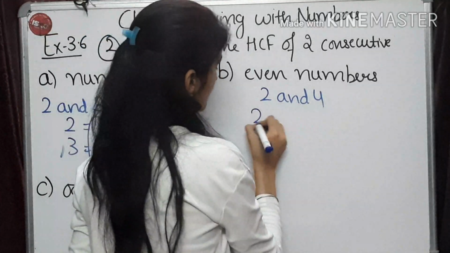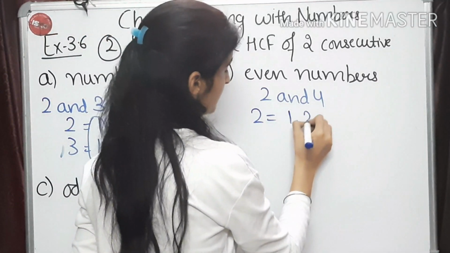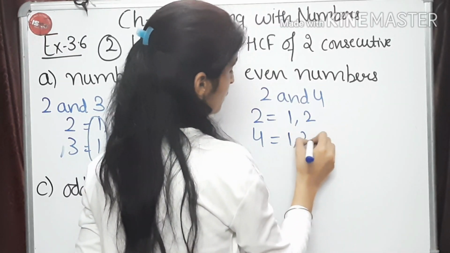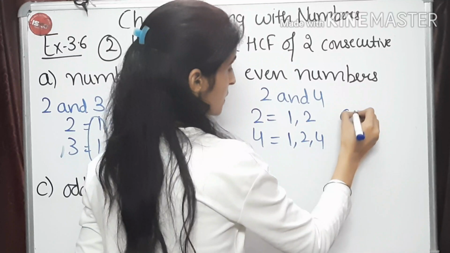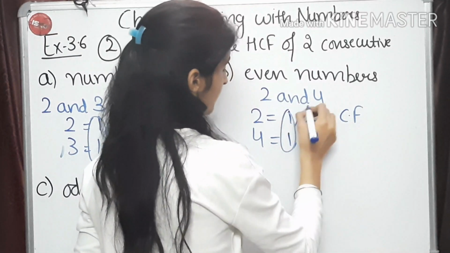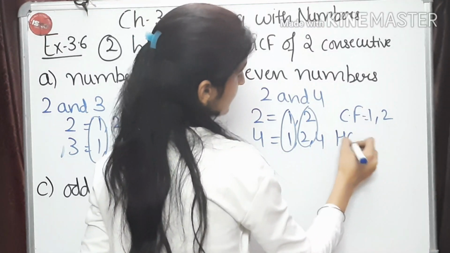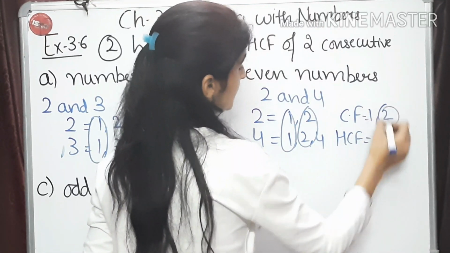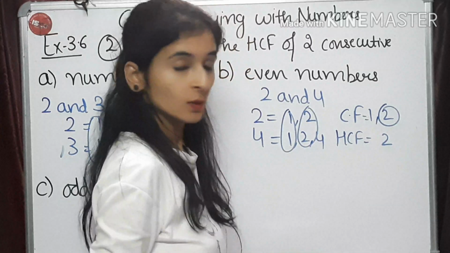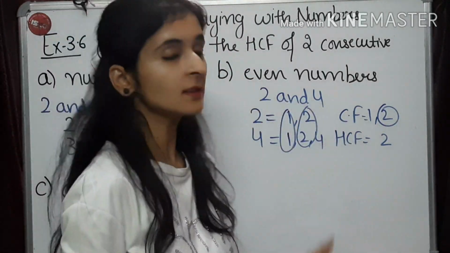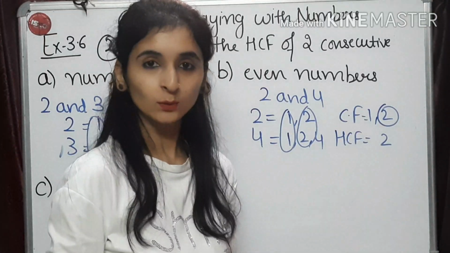So the factors of 2 are 1 and 2. Factors of 4 are 1, 2 and 4. Common factors are 1 and 2. So the HCF will be the greater number, that is 2. So it means the HCF of two consecutive even numbers will be equal to 2.